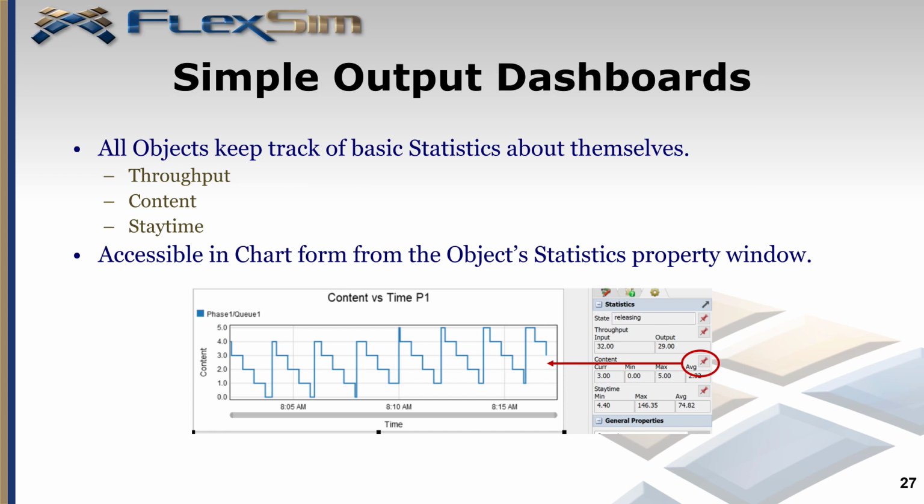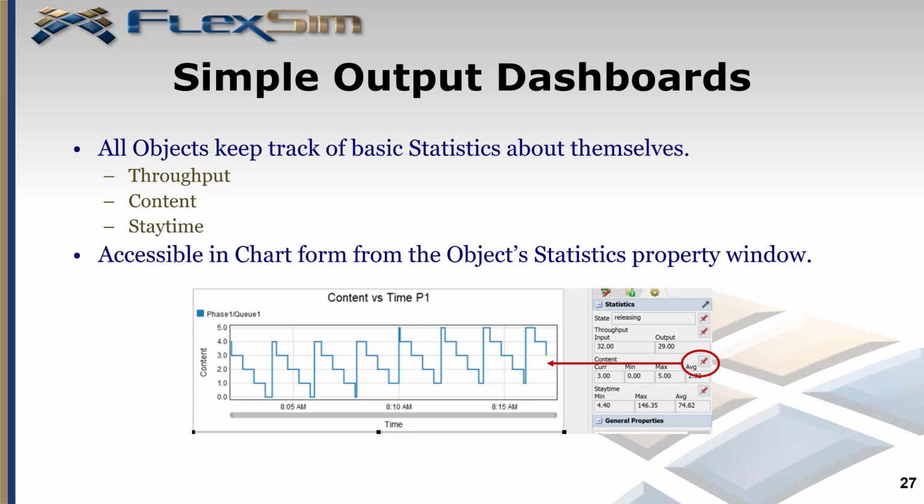Okay, now let's talk about simple output dashboards. All objects in your model keep track of basic statistics about themselves, such as throughput, content, and stay time. All of these are accessible in chart form from the Object Statistics property window.